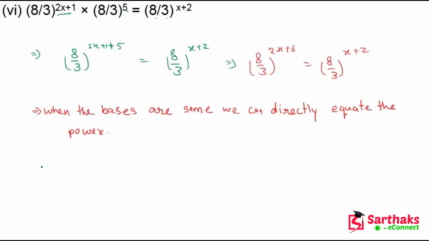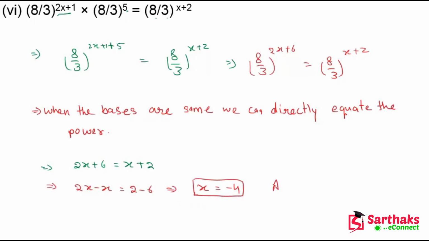So we can write it as 2x plus 6 is equal to x plus 2. So we can write it as 2x minus x is equal to 2 minus 6. So this will become x is equal to minus 4. We get x is equal to minus 4. Okay, I hope you get this point, my dear friend.